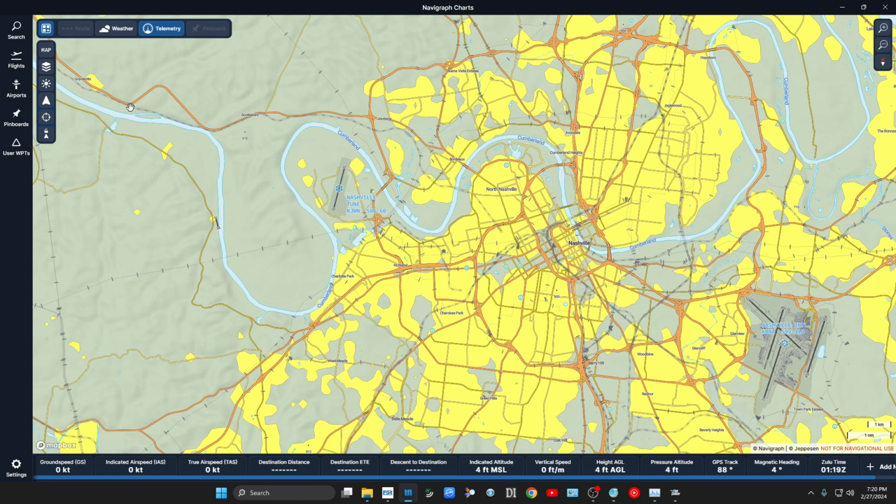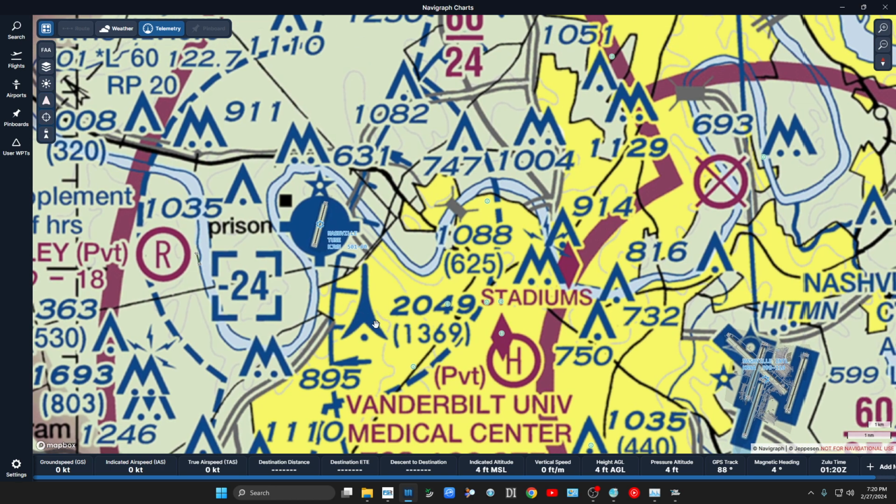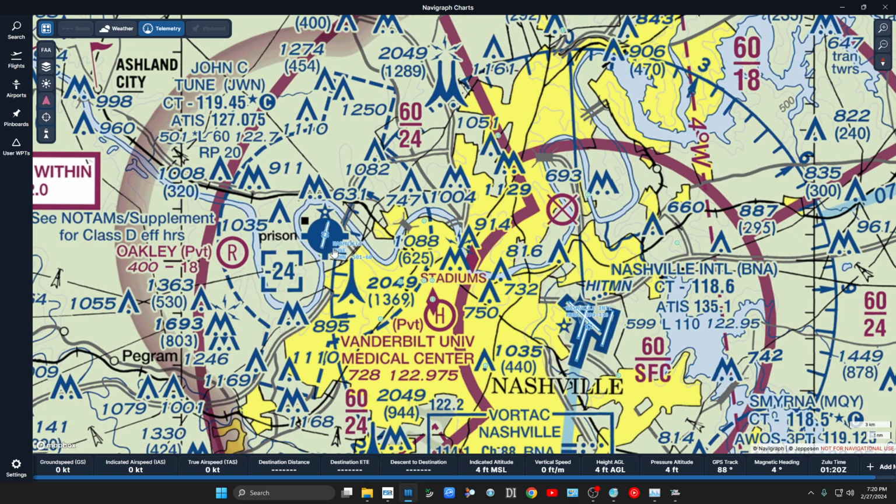The main reason for that is, let's see, this obstruction right here. This is a 1,369 foot tall tower that is 2,049 feet above sea level. And John Toon sits at 500 feet above sea level. So, anyways, you have a really tall tower that's right there.